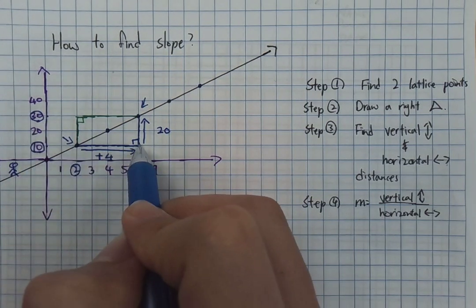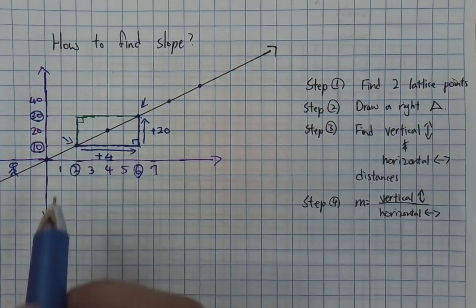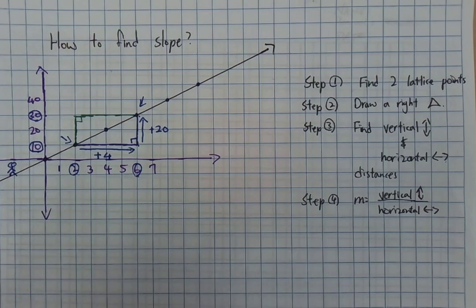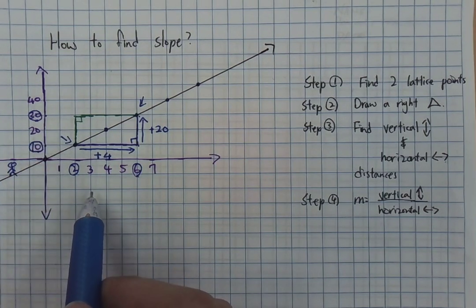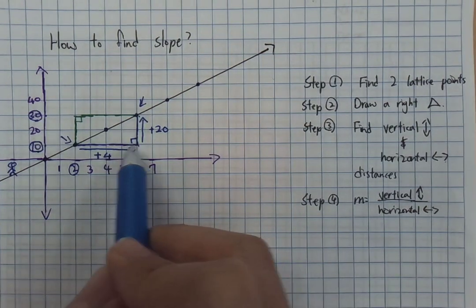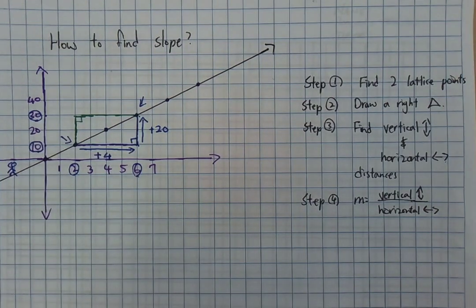So I can count here 10, 20. It's going up, so it's a positive. Notice how horizontally it went up by 1, on the vertical it went up by 10. So you have to be careful to look at the scales on your graph to see how much it's going up by. Note where it starts, note where it ends, and you can also subtract to find the distance.